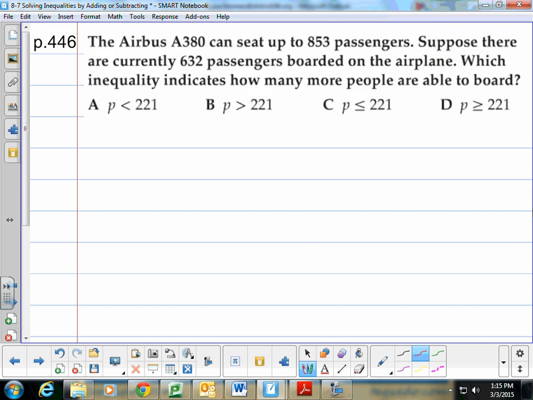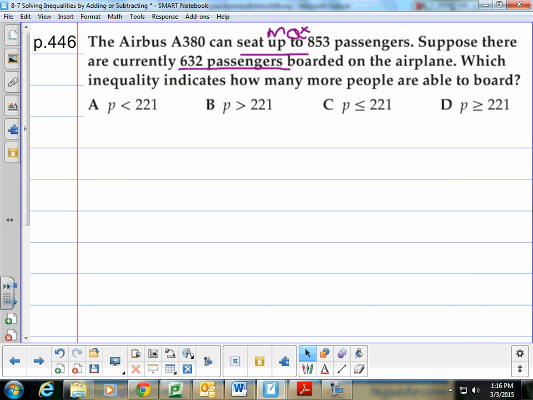So the Airbus A380 can seat up to, important part, it can seat up to, meaning maximum, 853 passengers. Suppose there are currently 632 passengers boarded on the airplane. Which inequality indicates how many more people are able to get on board?